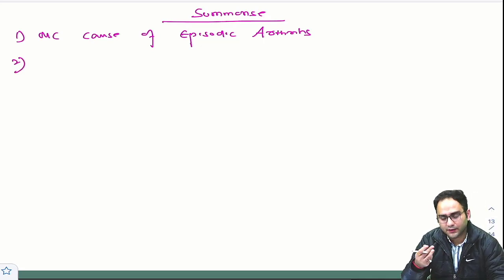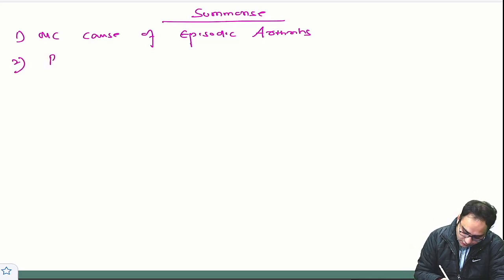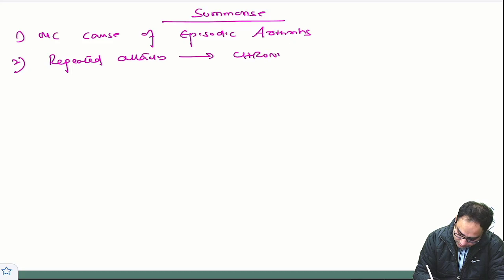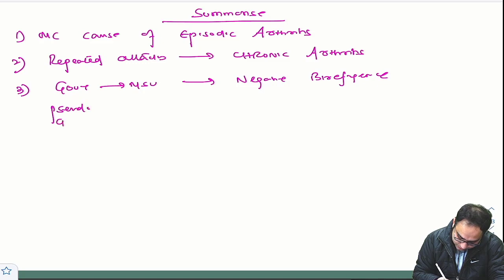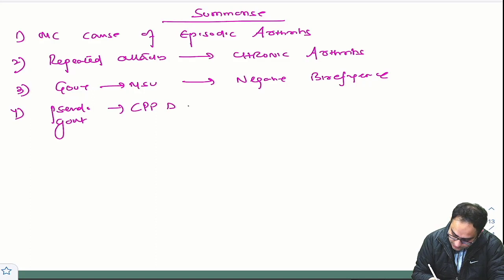Too many attacks of acute arthritis can give rise to chronic arthritis. In gout, you have the deposition of monosodium urate, which gives rise to negative birefringence. In pseudo gout, you have deposition of calcium pyrophosphate, which shows positive birefringence.